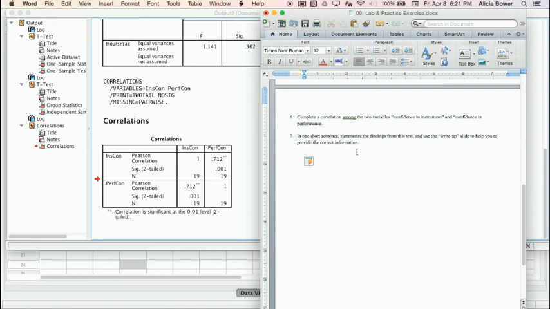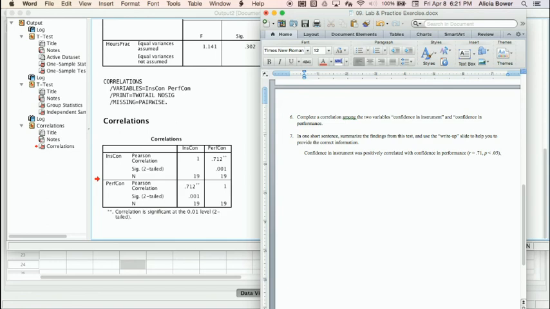So I would say confidence in instrument was positively correlated with confidence in performance. And then I would report my correlation, 0.71, just rounded to the second decimal place, and I would let everybody know that the p-value is less than 0.05.